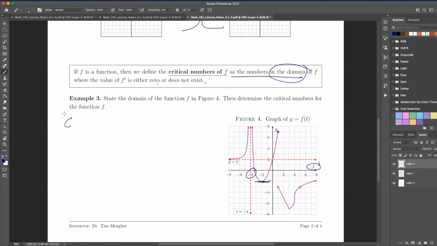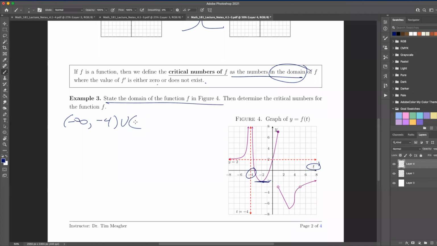So I'm going to just write, so state the domain of the function. So let's do the first part of it. Let's state the domain. The domain here is values from -infinity to -4. Notice at -4, I don't have anything in my domain because this doesn't work out, right? And then also notice here at 5, it's not defined, right? Here at 1, it's defined up here, but at 5, it is not defined.